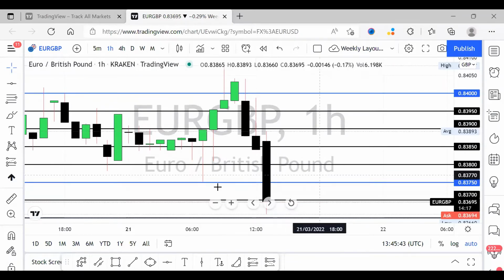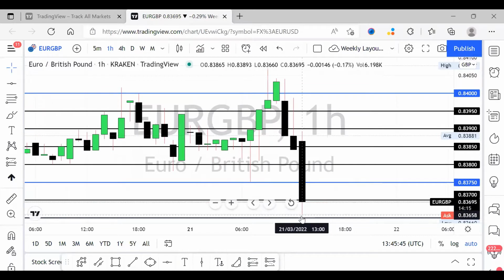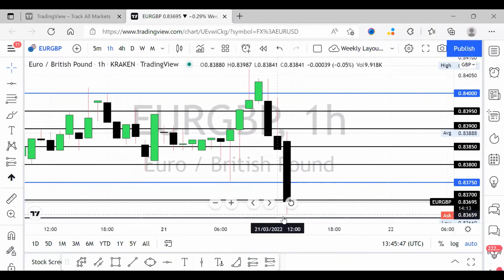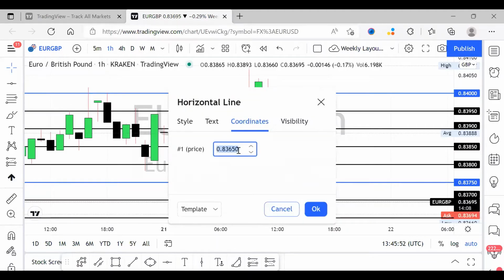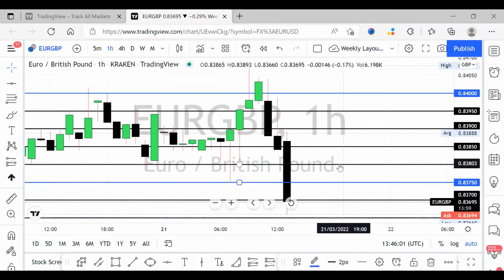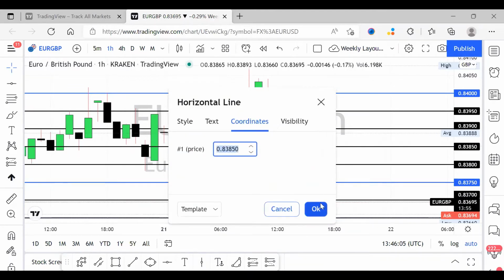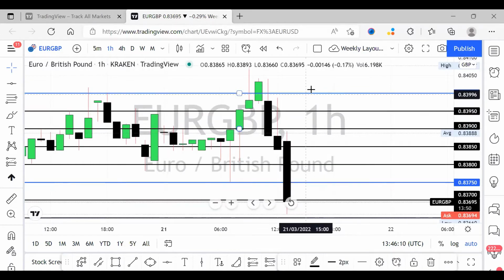It will eventually react from one of these high zones, which we are marking with our quarters theory. We're marking in 50 pip movements: 650, 700, 750, 800, 850, 900, 950, and then 1,000.